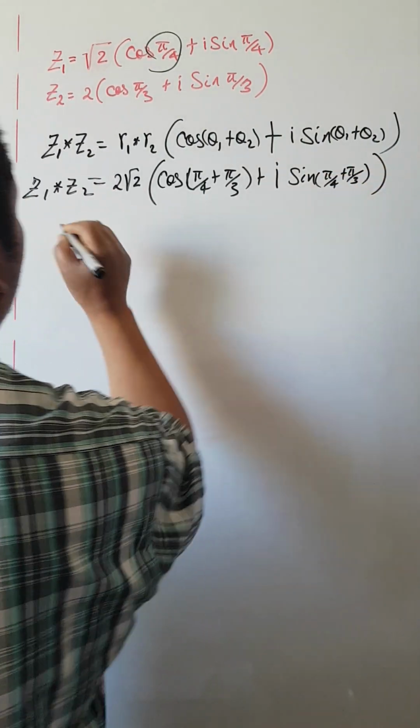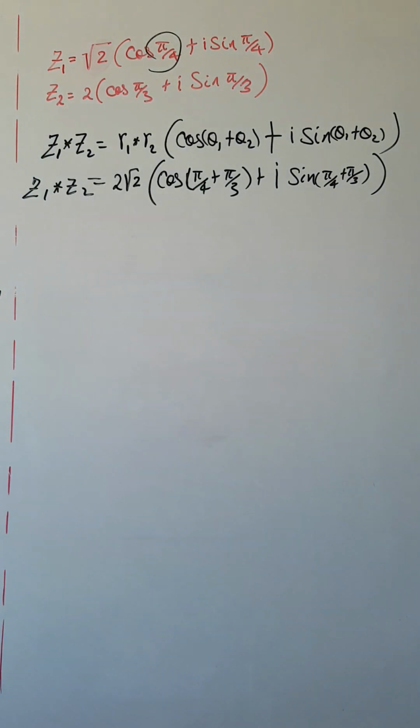This is the product of the two complex numbers in polar form.